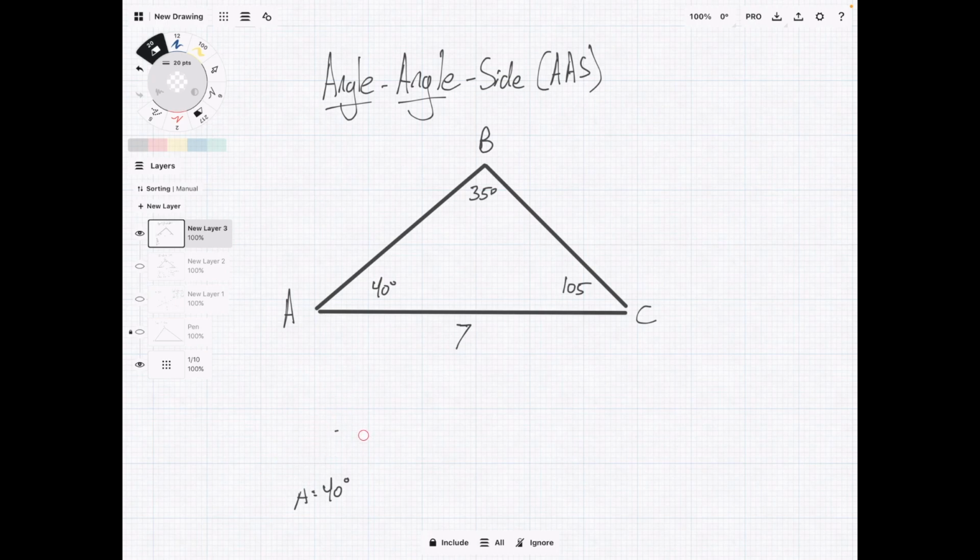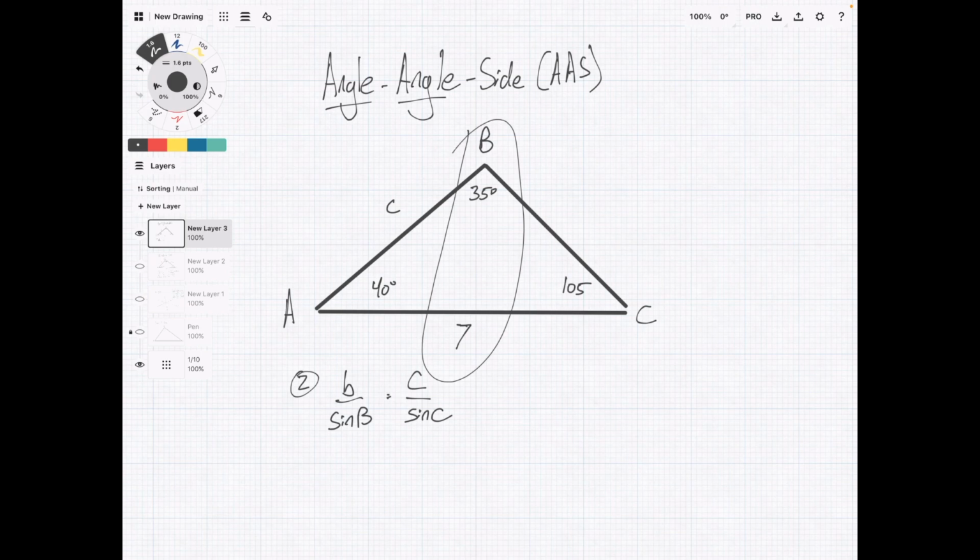Now we can move on to step 2, which is going to be finding side little c. In this case, we're going to use this equation because we know both b's and we know one of c's. So we have basically everything we need to know.